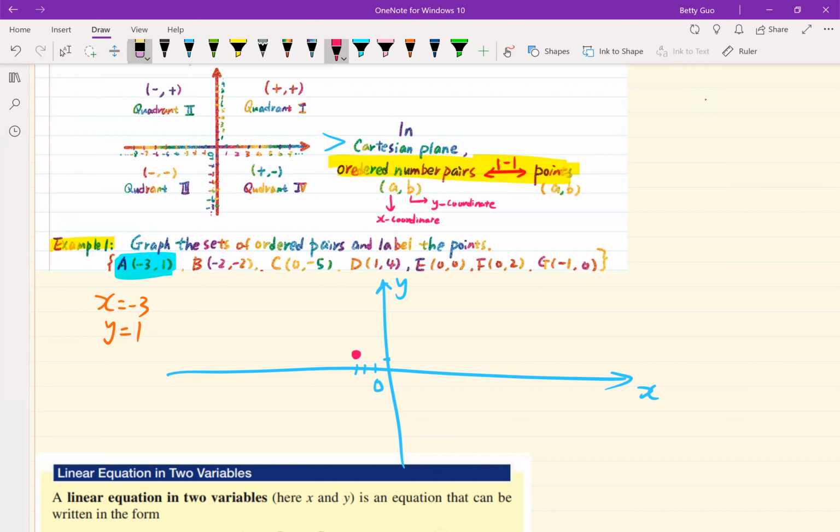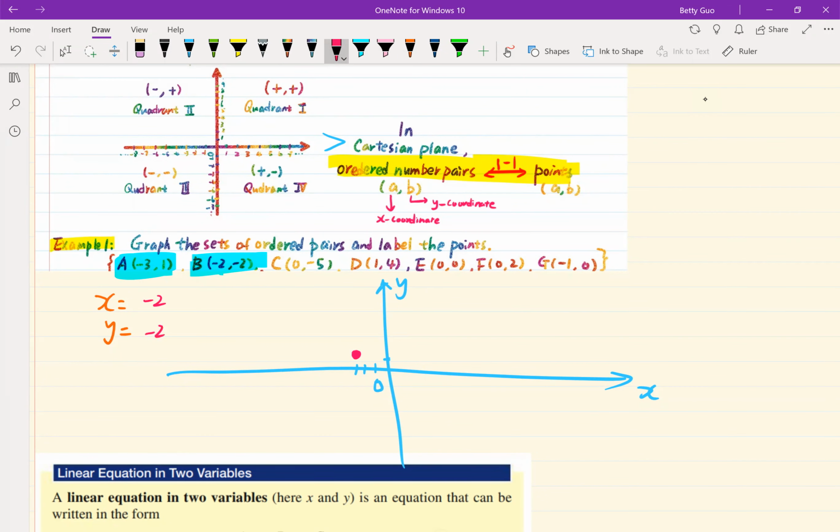Let's see the second point, point B. Point B is -2, -2. X equals -2, Y equals -2.